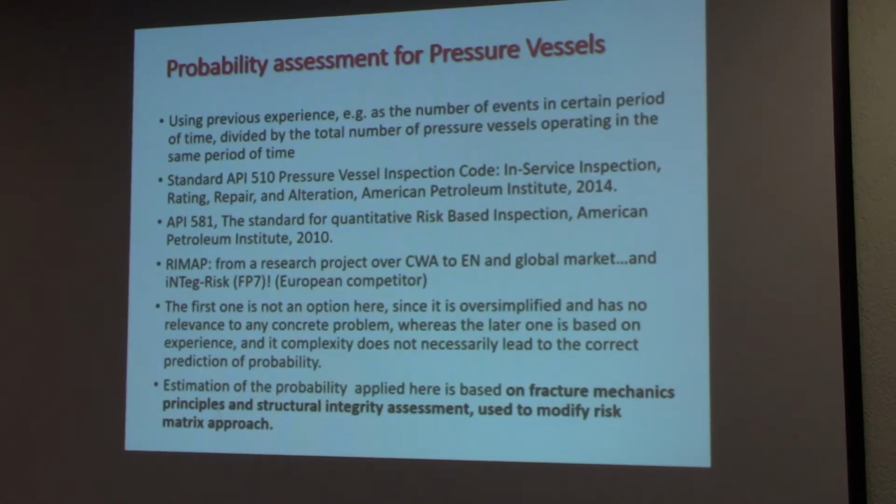So, to be more concrete, there is a standard API 510. There is a procedure API 581. And that procedure, as well as RIMAP, is very complicated. This is such a thick handbook. To make any estimation of probability according to these procedures, one needs at least, I think, 7 days or something like that.